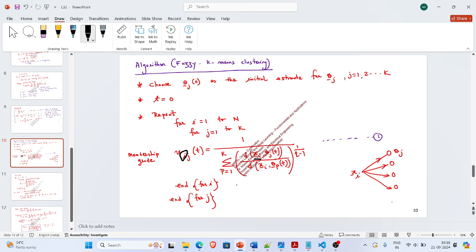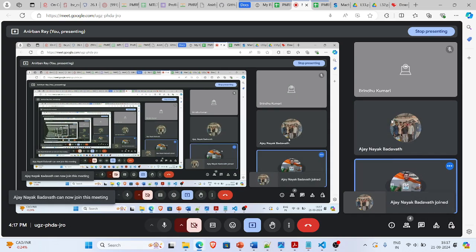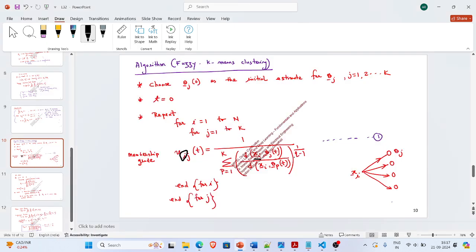As you can see, this d of xi and theta j at t is not dependent on p, so we can take it out of the summation. But the rest is dependent on the summation over p.